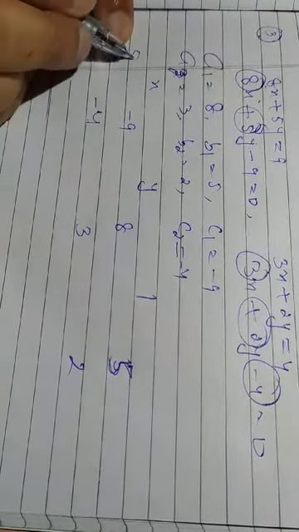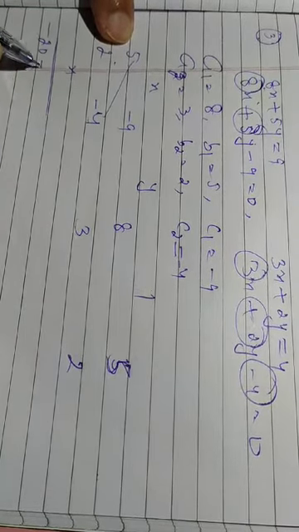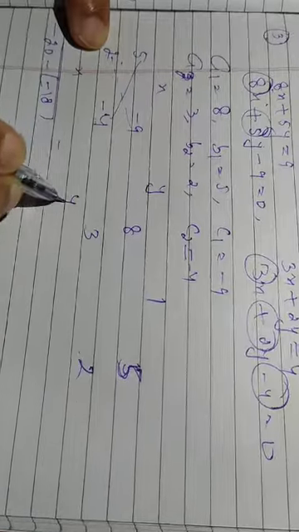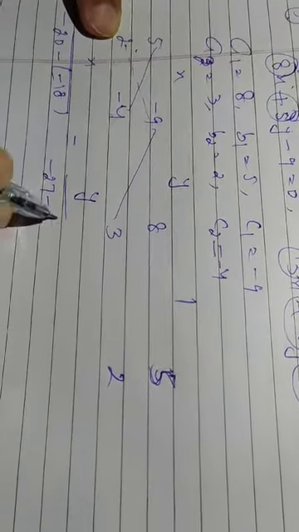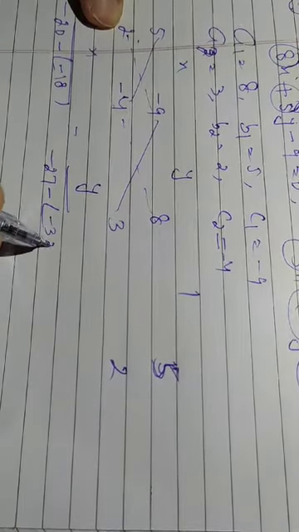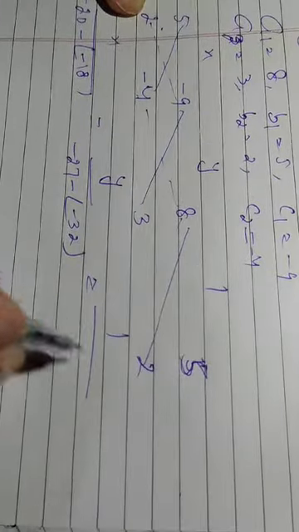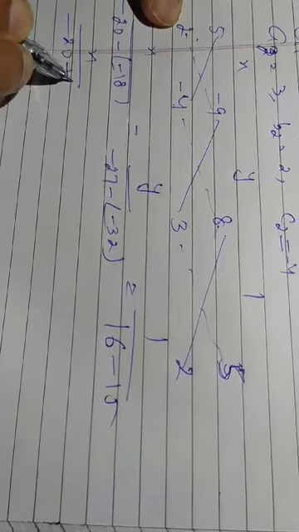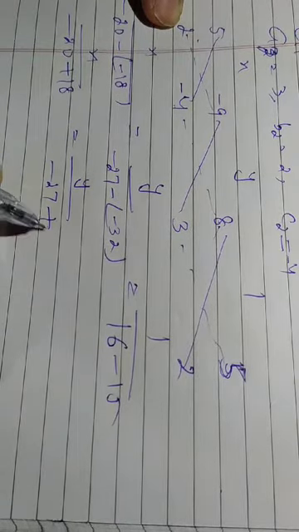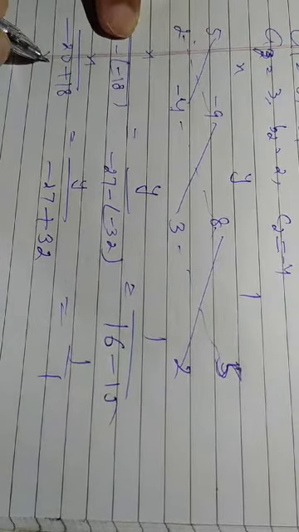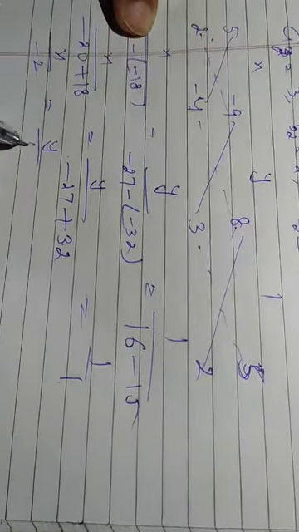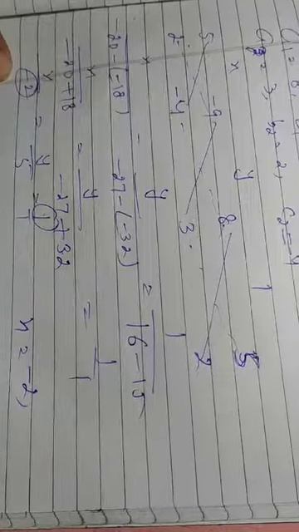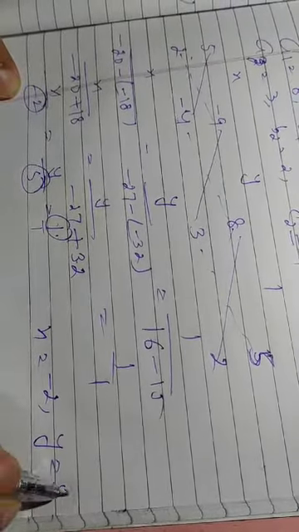Now as in the formula, multiply this, minus 20, minus, multiply this, minus 18, is equal to y, multiply this, minus 27, minus, multiply this, minus 32, is equal to 1, multiply 8 by 2, 16 minus 15. x over minus 20 plus 18 is minus 2, y over minus 27 plus 32 is 5, 1 over 1. So x is equal to minus 2 by 1, that is minus 2, and y is equal to 5 by 1, that is 5.